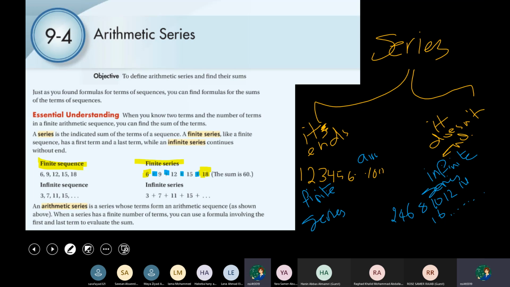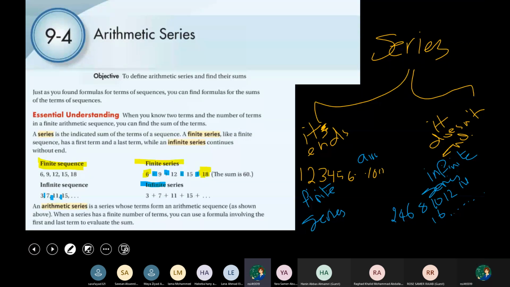But also we have an infinite sequence. An infinite sequence is an ordered list of numbers, but it has a common sign between them. And the infinite series has numbers that don't end, and we call them infinite series.